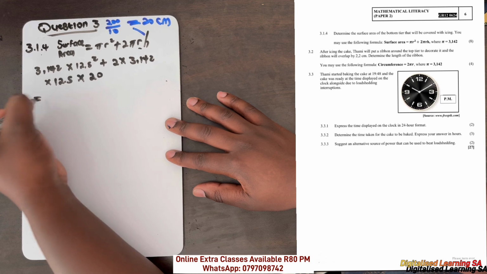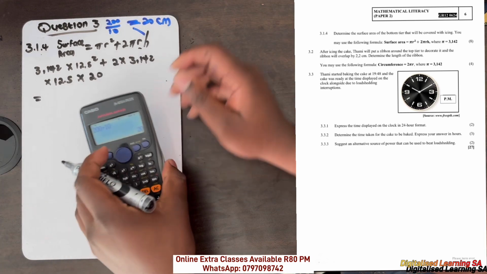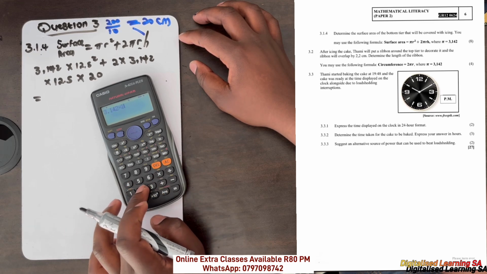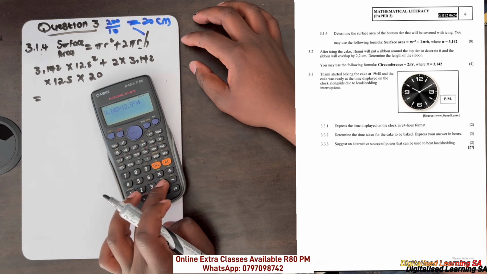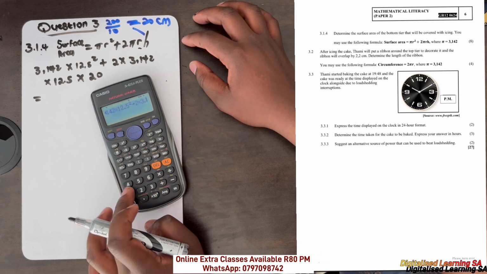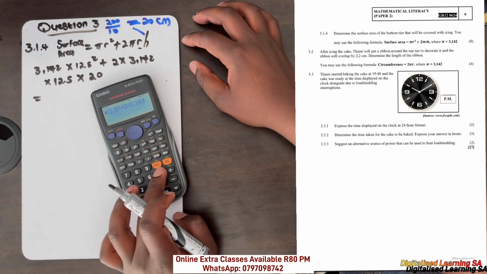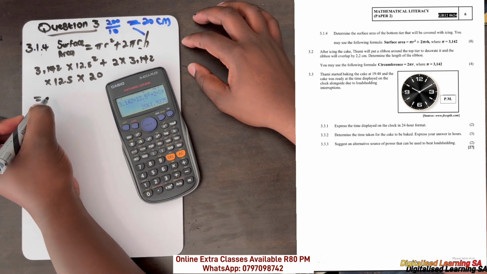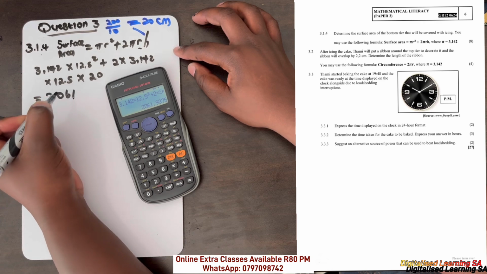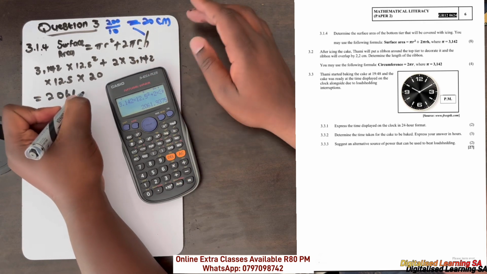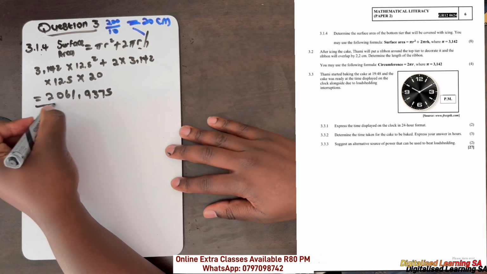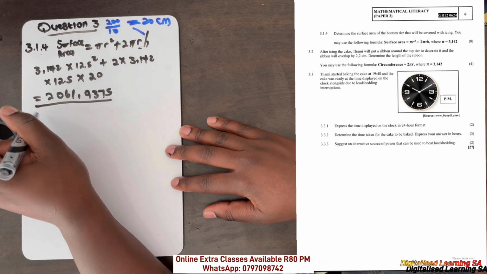So our surface area will be 3.142 multiplied by 12.5 to the power 2 plus 2 multiplied by 3.142 multiplied by 12.5 multiplied by 20, and our surface area will be 2061.9375.